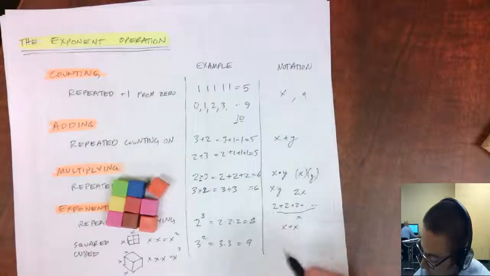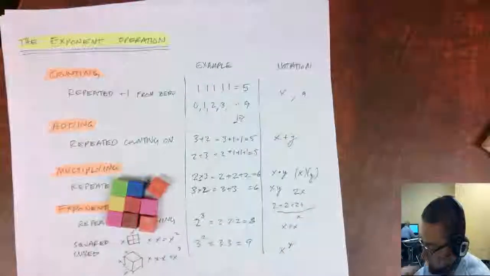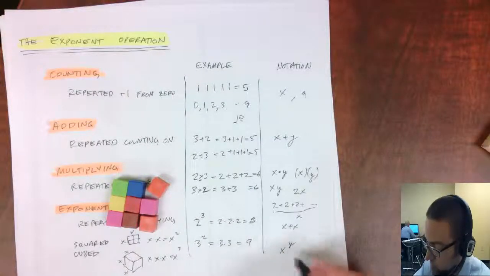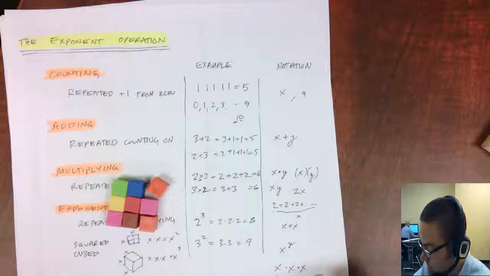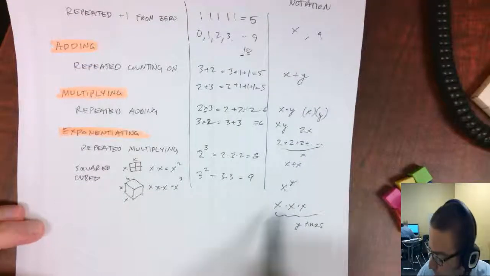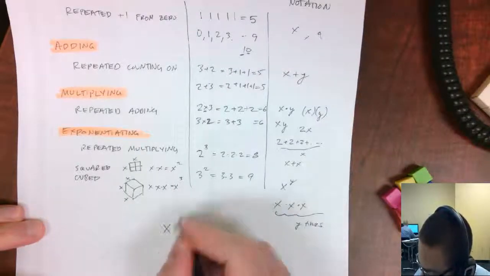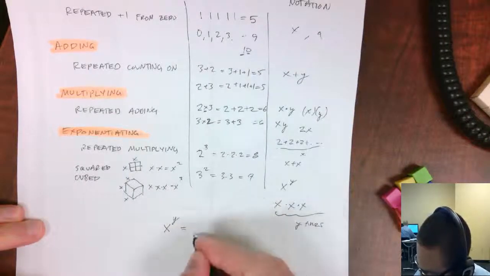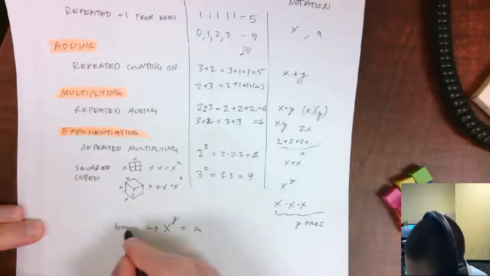Okay, so the notation for this would just be x to the y. And this y part means how many times you're going to multiply it times itself. So it's x times x times x, y times. So the final part of this notation is that this is called the base.